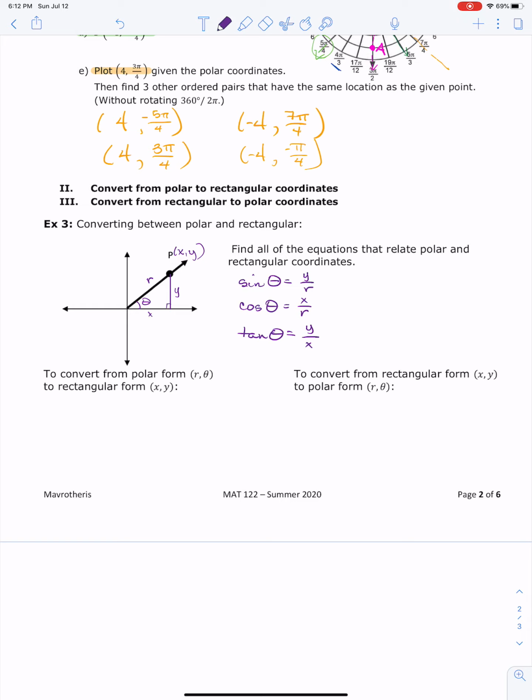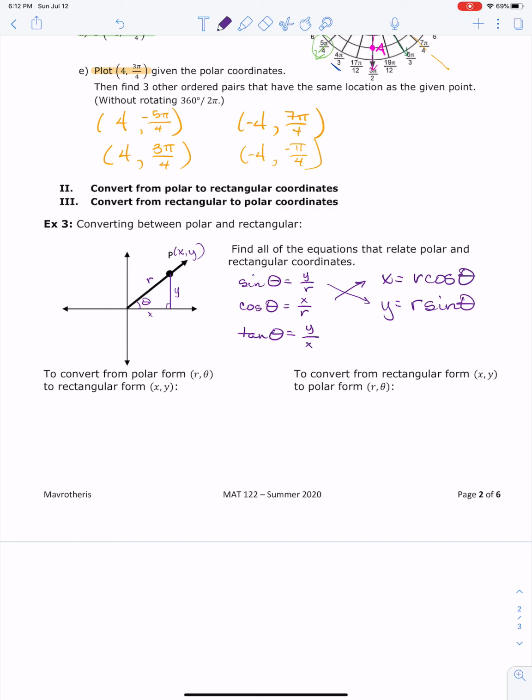And then from there, I can solve for parts of these. So let's start with this one here. x is going to be r times the cosine of theta. I can take this one and solve for y. I get y equals r times the sine of theta.